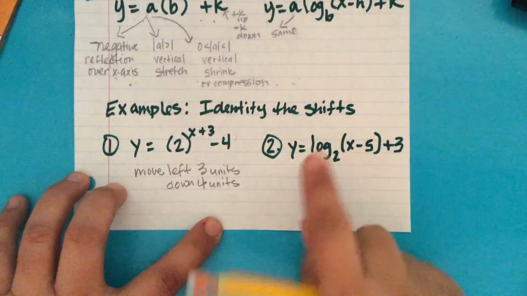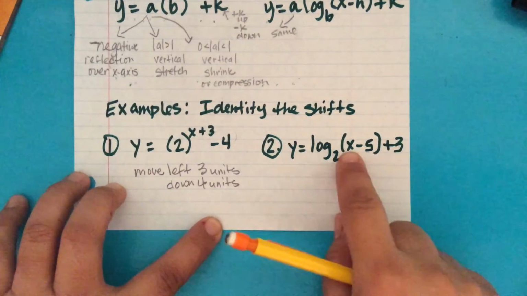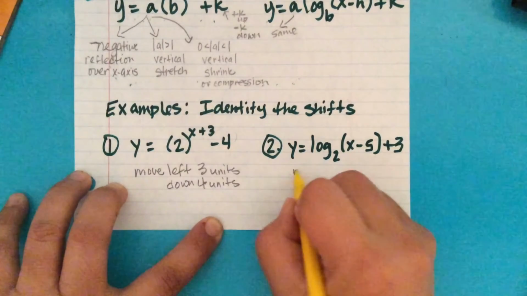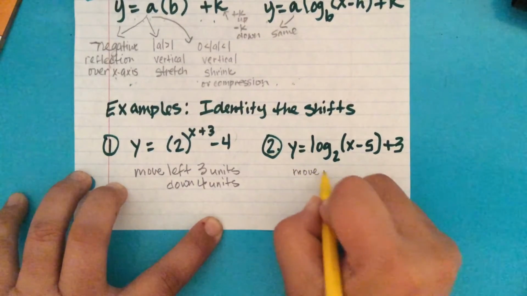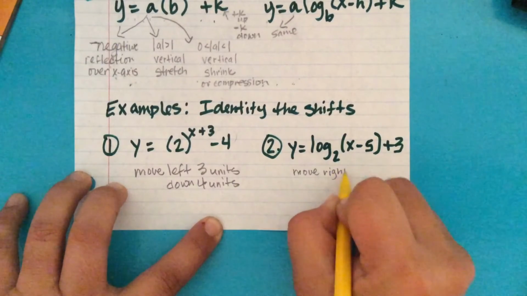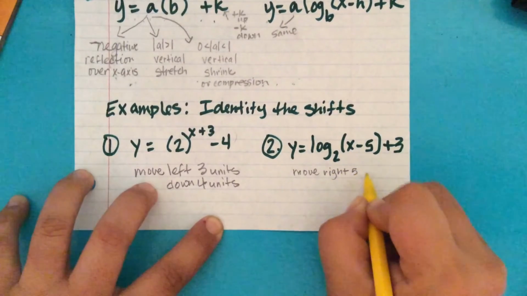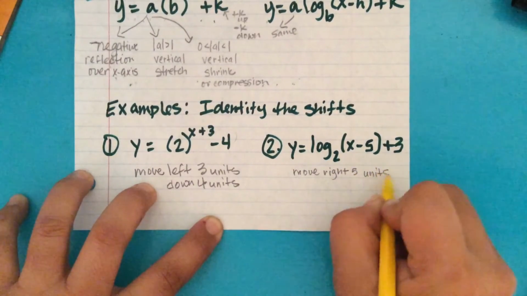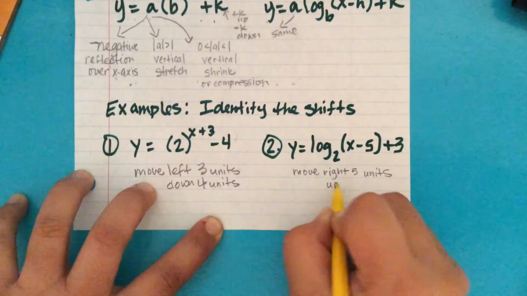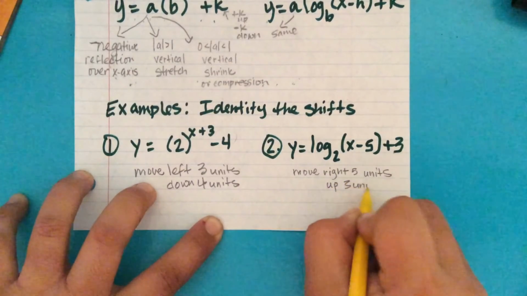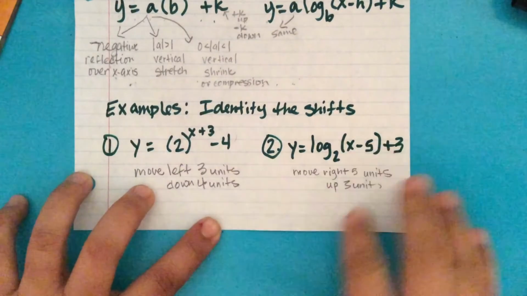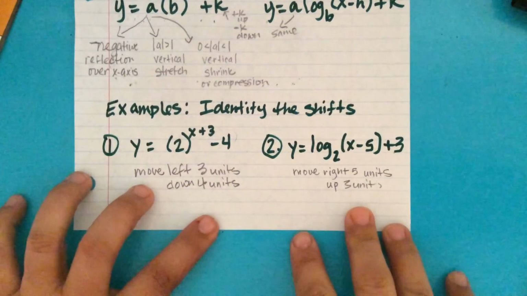And then over here, this one, x minus 5, that's going to move right 5 units and up 3 units. So that doesn't change from all the other functions. You still have the same thing.